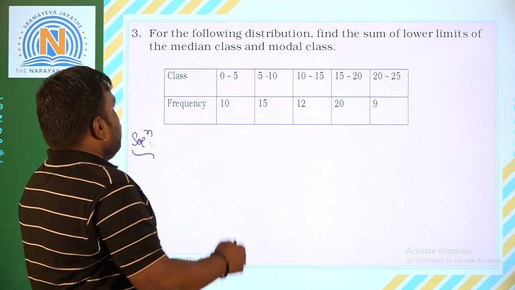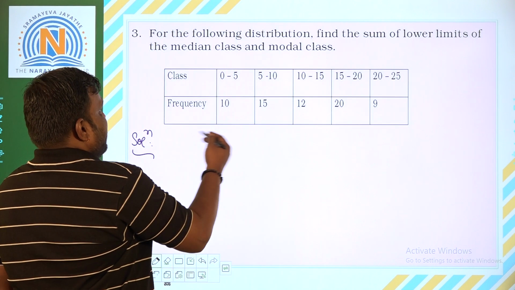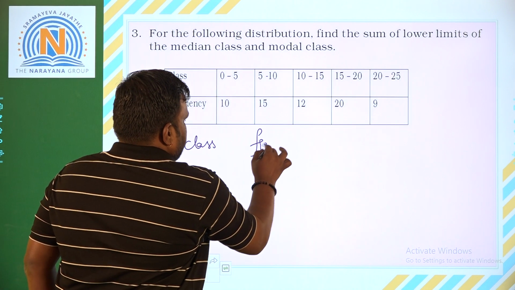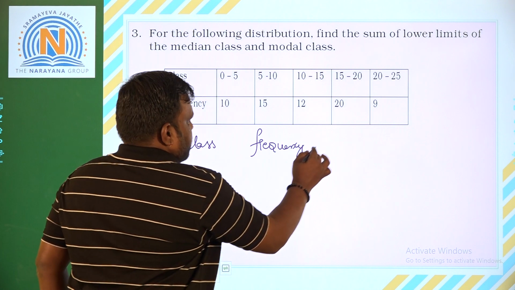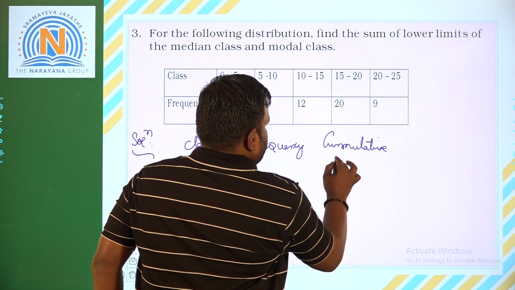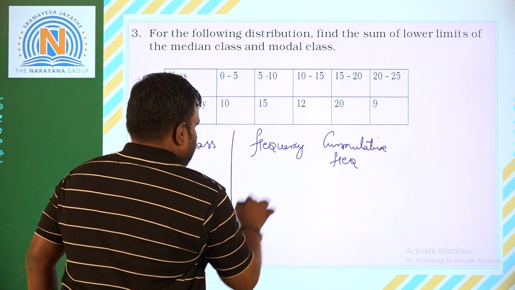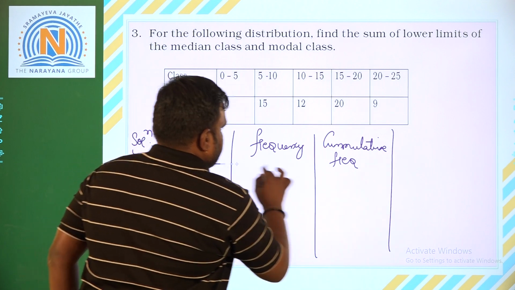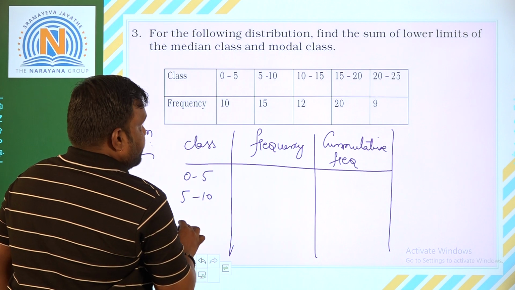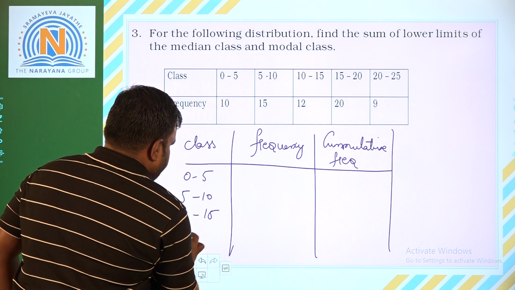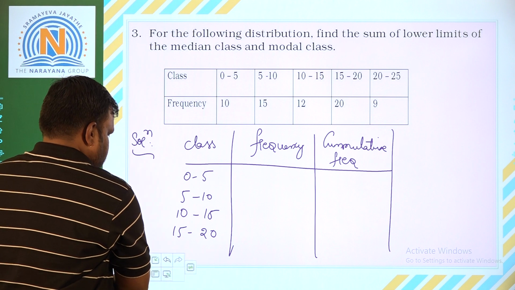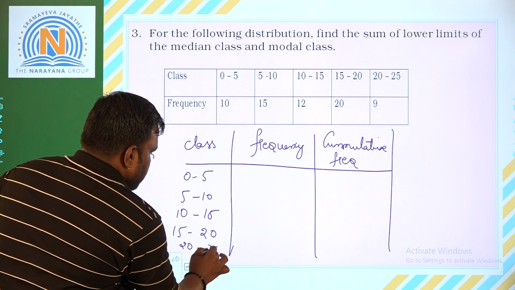Now, first, to find out the median class, let us have a small table here. Again the same thing: classes, frequency, cumulative frequency. So here it is 0 to 5, 5 to 10, 10 to 15, 15 to 20, 20 to 25.